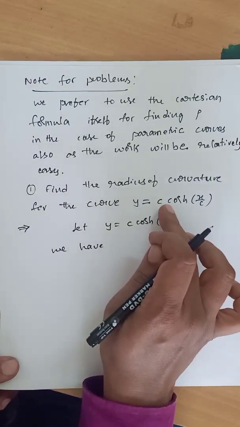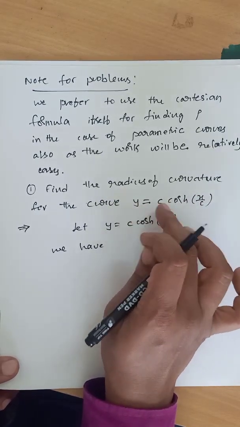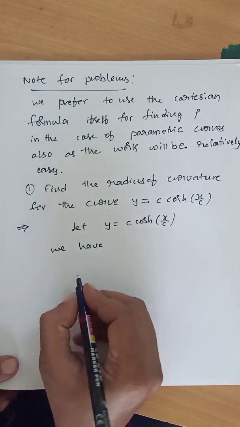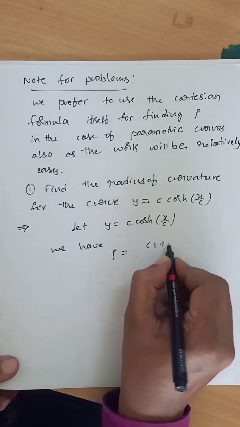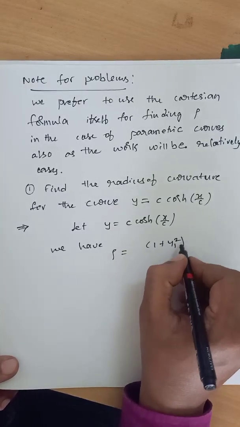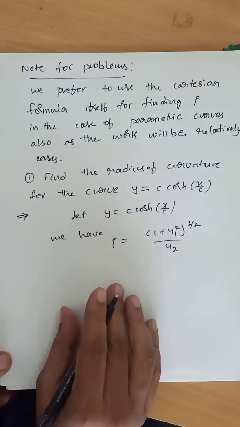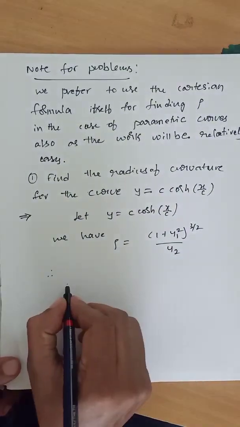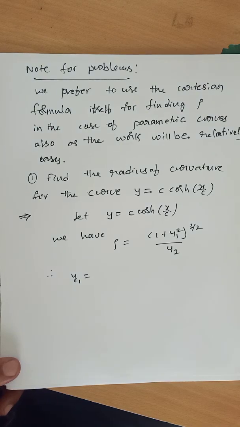See, the given curve, because y is a function of x, we confirm this equation of the curve is in Cartesian form. So we use the Cartesian formula, that is 1 plus y1 square whole power 3 by 2 divided by y2. Therefore we want y1 and y2. Y is given, we find y1, the derivative of y with respect to x.